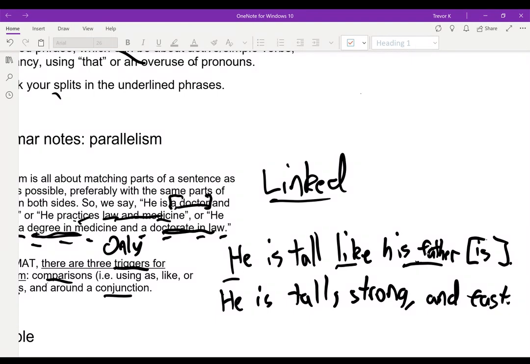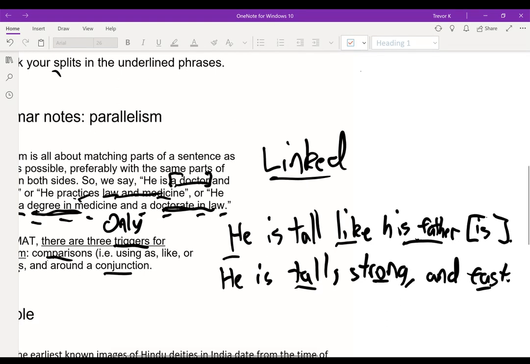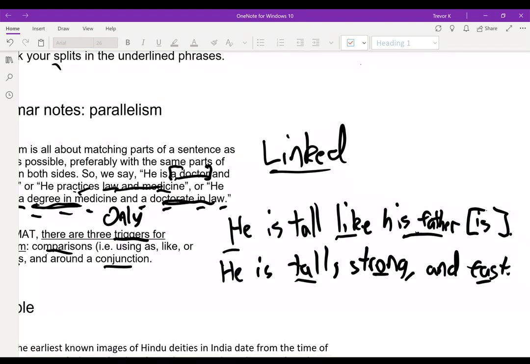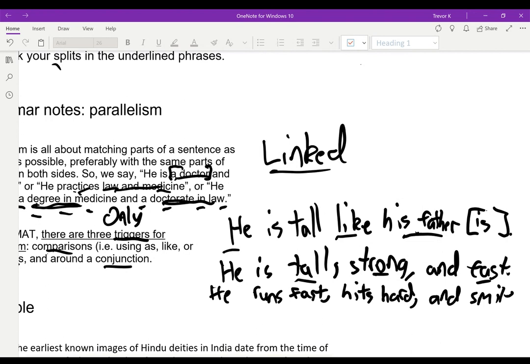This makes it clear that this is a list. Tall, strong, and fast. I can make an even more complicated list. I can do something like he runs fast, hits hard, and, I don't know, smiles big.